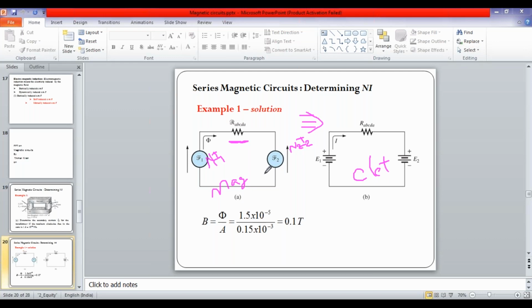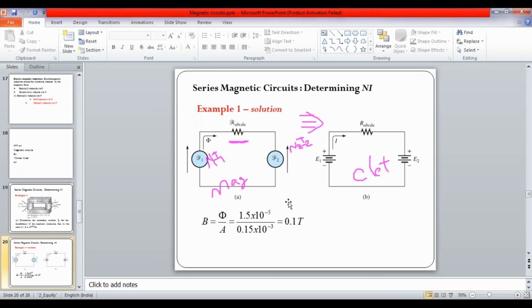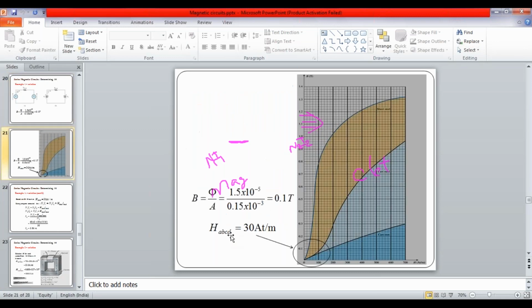In the problem, the flux is given as 1.5 into 10 power minus 5 Weber, and the area of the core is also given, so that you can calculate the flux density B, which is equal to flux by A. Once the flux density is calculated, you have to refer to the BH loop curve. A BH loop curve will normally be provided in the problem itself, or else the data can be provided.